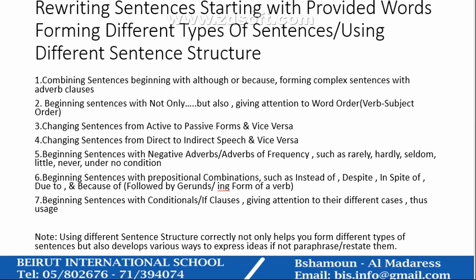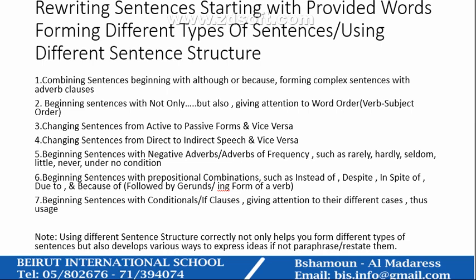beginning sentences with negative adverbs, adverbs of frequency such as rarely, hardly, seldom, little, never, under no condition, beginning sentences with prepositional combinations such as instead of, despite, in spite of, due to, because of, which are usually followed by gerunds, an ing form of a verb, beginning sentences with conditionals, if clauses, giving attention to their different cases.